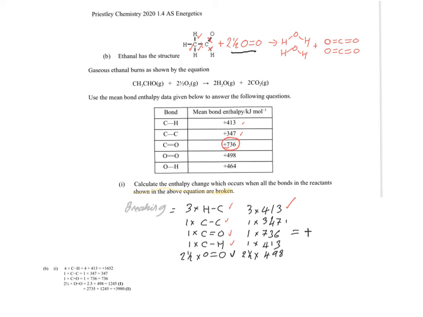And then I show the examiner that I've got the data from the data sheet, and finally I can sum it all together, so we get a value of plus 3,980 kilojoules of energy needed to break all of the bonds in the reactants.